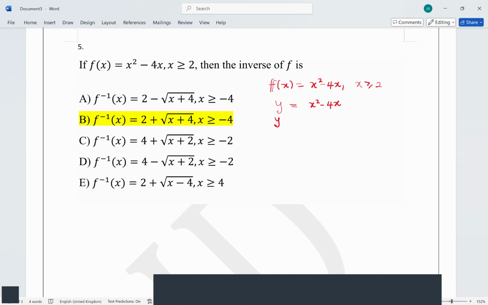And how do you solve this differently? Simply, you write this as a perfect square, or you convert this general form to standard form. So just use completing the square. Now, how do you complete the square? This is x squared. The coefficient of x is minus 4. Half of it is minus 2.